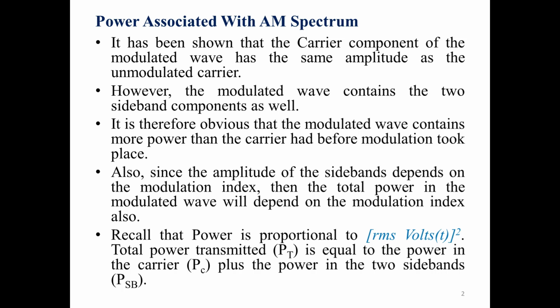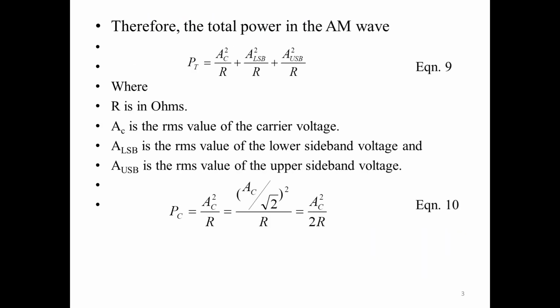Total power transmitted, that is PT, is equal to the power in the carrier, PC, plus the power in the two sidebands, PSB. Therefore, the total power in the AM wave is given as PT equals AC squared over R plus LSB squared over R plus AUSB squared over R.